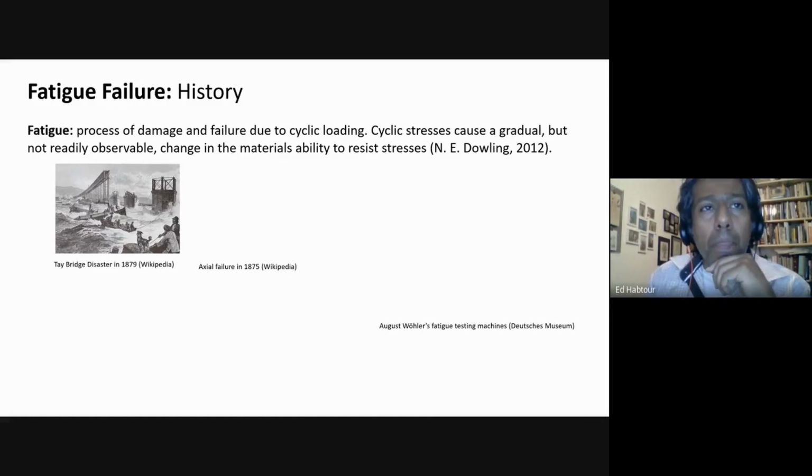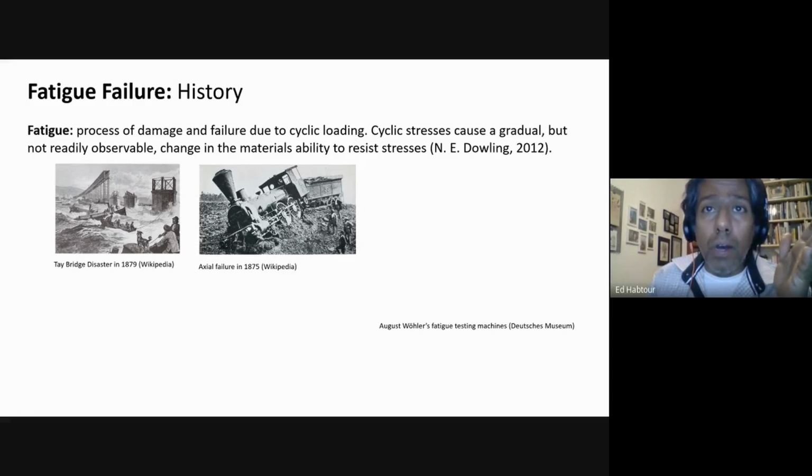As far as we know, looking at fatigue from an engineering and design perspective, the disasters were really related to bridges, but also to trains and railroads. That's because of economics.